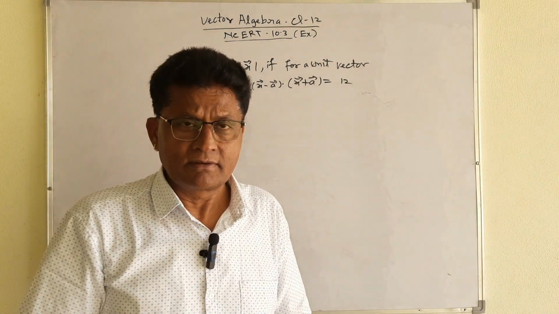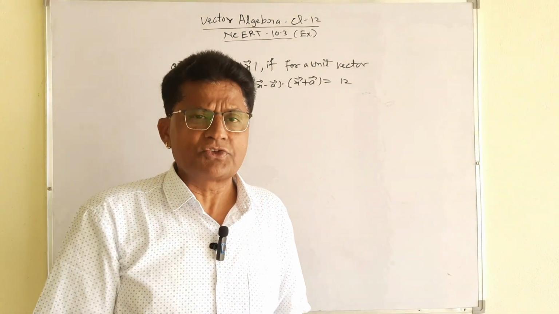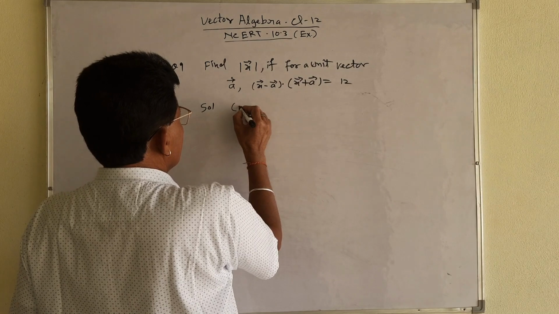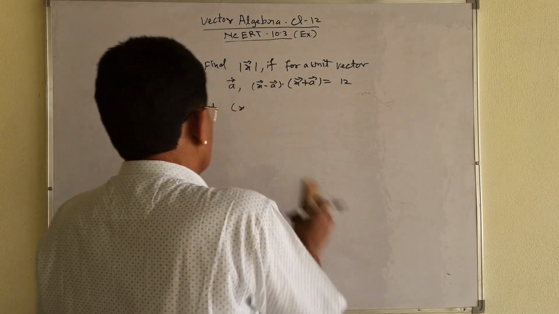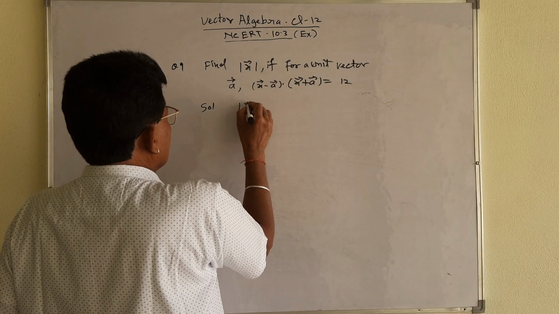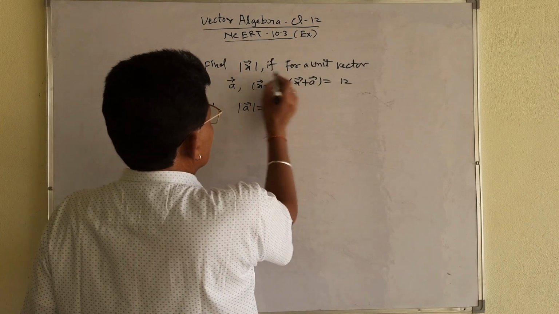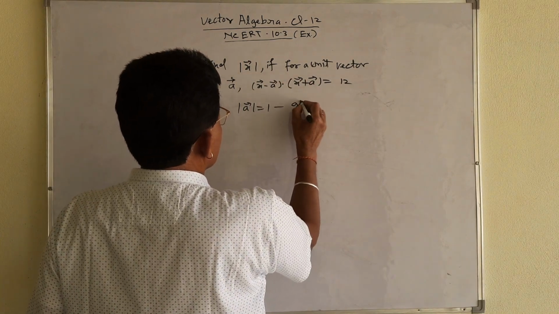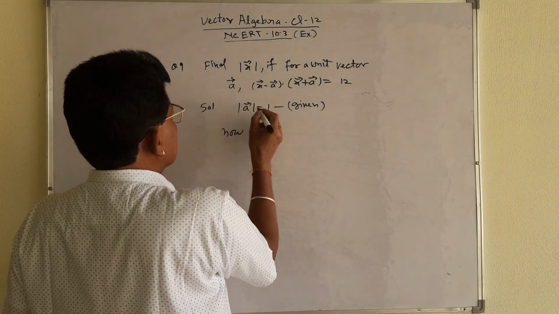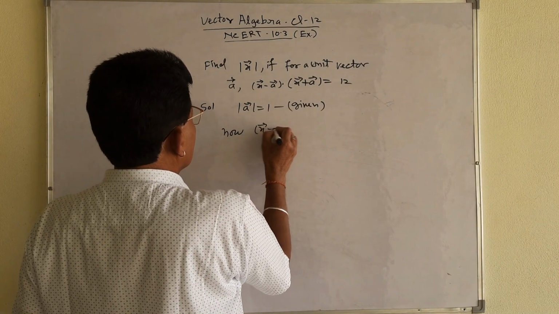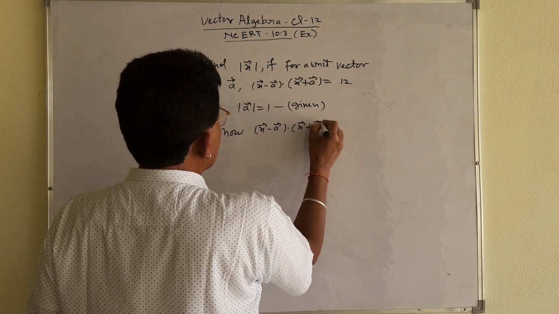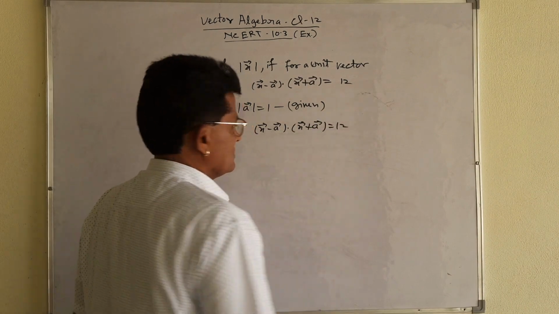Very simple thing. Repeatedly I am telling you such questions which are very important for you. But first of all, let me write: magnitude of A vector is 1, it is given, the unit vector, because I will use this. Now, what you will say? X vector minus A vector and X vector plus A vector is equal to 12.